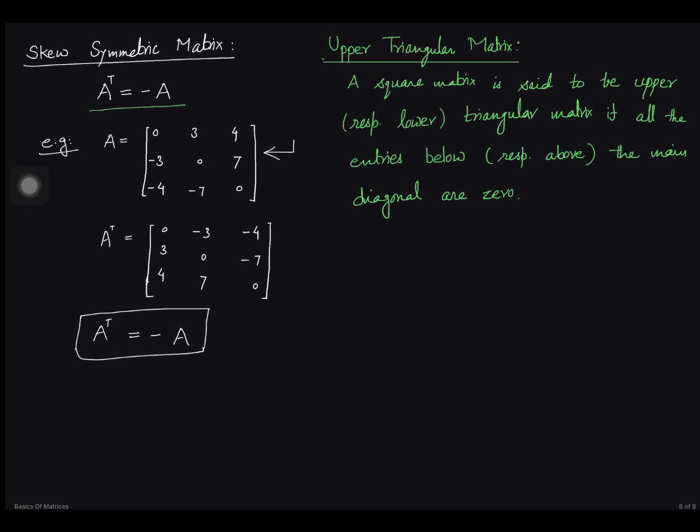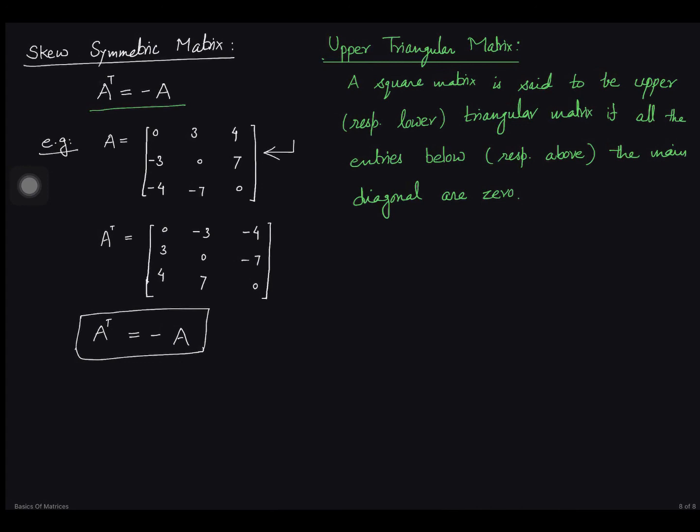Here one thing is worth noting: we are not saying anything about the entries on the main diagonal. Below the main diagonal all entries must be zero, then that matrix is called an upper triangular matrix. And for a lower triangular matrix, all the entries above the main diagonal are zeros.